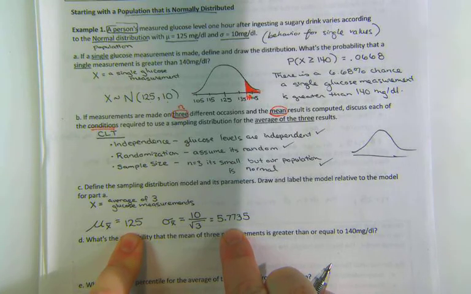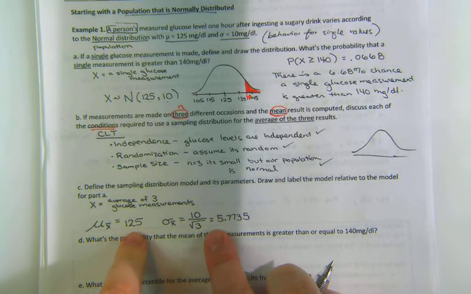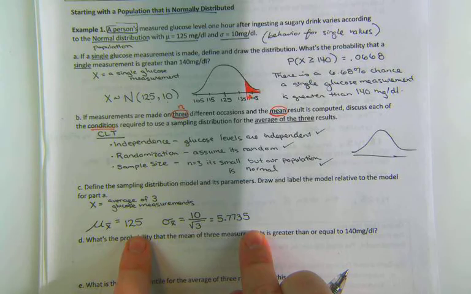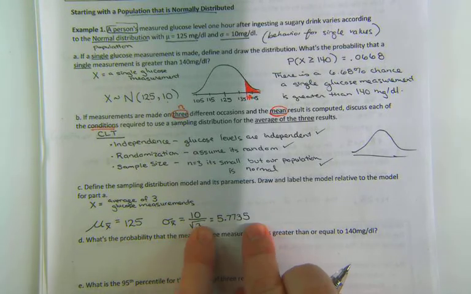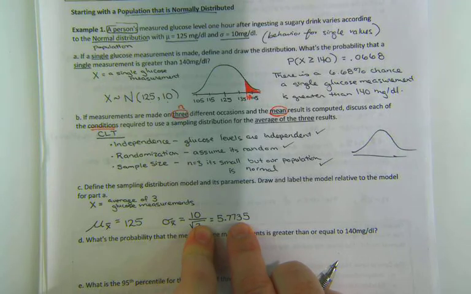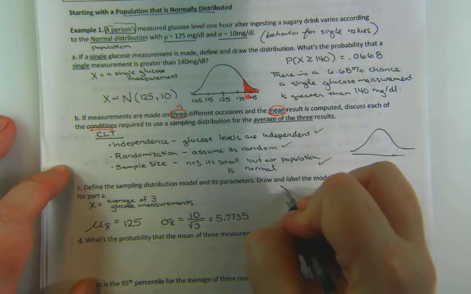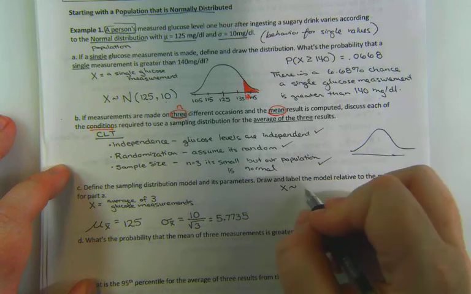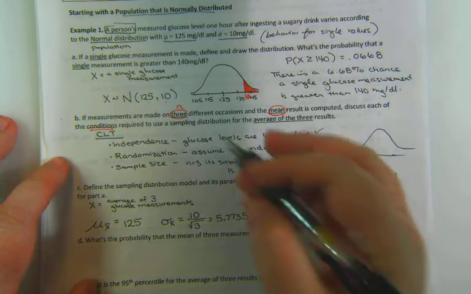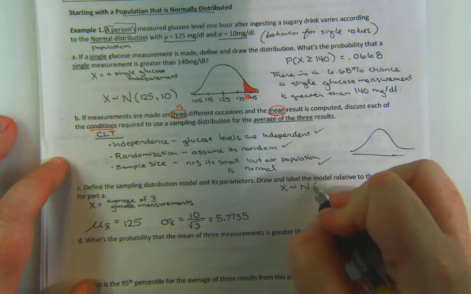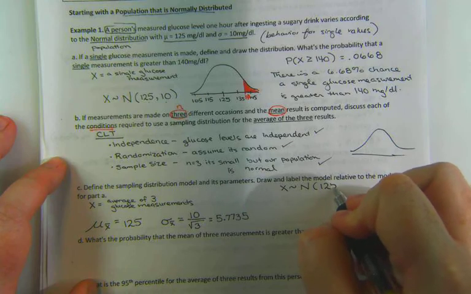With our standard deviation though, this is where we need to do a little bit of math, because we take the old standard deviation, so our old standard deviation of 10, that population, and then divide by the square root of our sample size, which in this case we're taking a sample size of 3. So our standard deviation is going to be 5.7735.